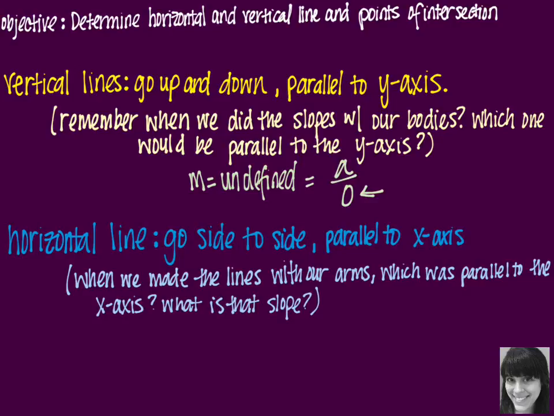The one where we put our hands straight across and made a T. What slope was that? That was when it was 0, right? So when you have a slope of 0, that means your line is going to be horizontal. Okay? Lena, if you need to pause, go ahead and do that now.